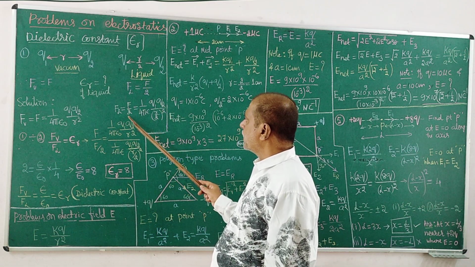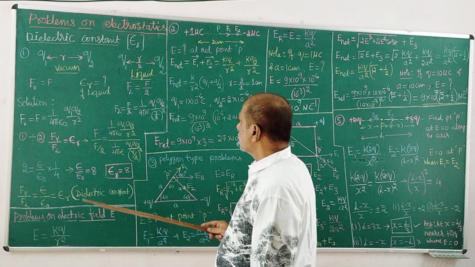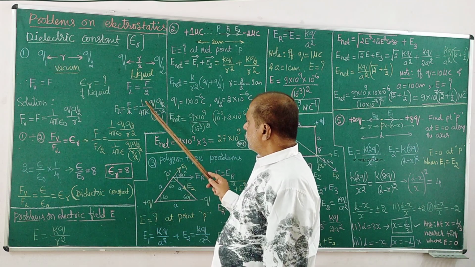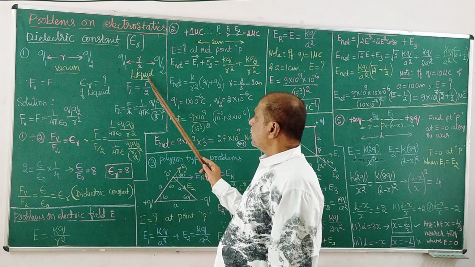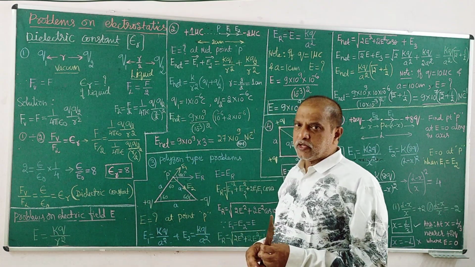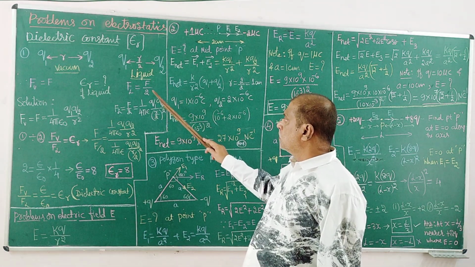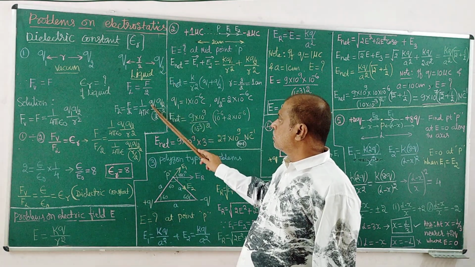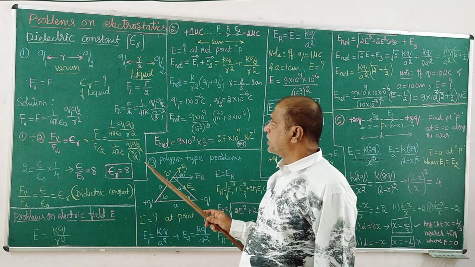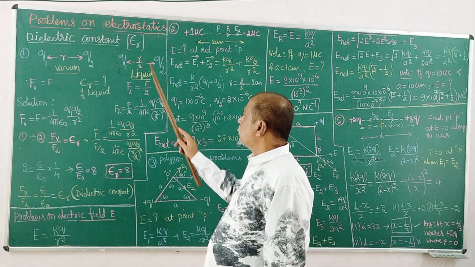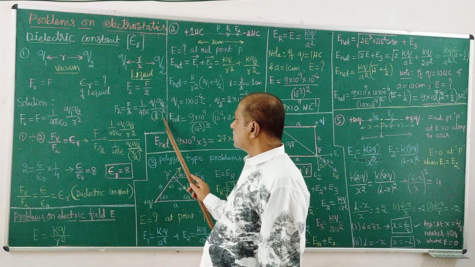The force is F by 2, half of this. So F by 2 equals 1 by 4 pi epsilon, where epsilon is the permittivity of the material, into Q1 into Q2 divided by the square of the distance of separation. Now the distance of separation is not R, it is R by 2, whole square.